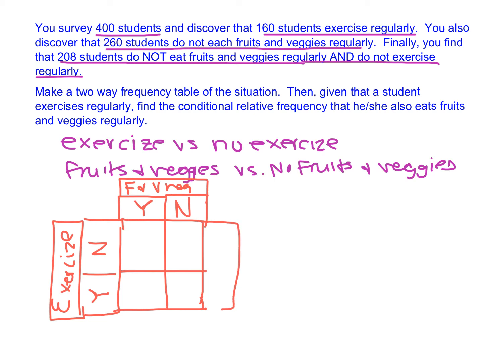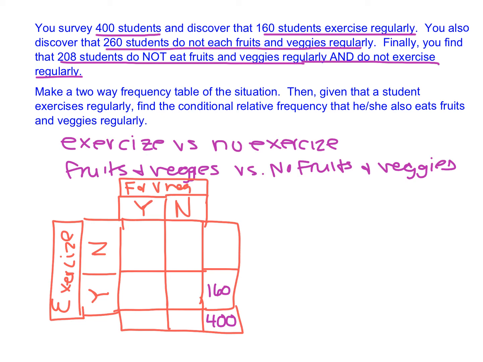Now I'm going to do some of the totals on the side because I know I'm going to need those eventually. So here I start off and I notice that 400 students in total are part of this study. So here we have 400 total students. And we discover that 160 students regularly exercise. Well, that goes along with my yes column down here of 160 students exercise regularly if I just go straight across.